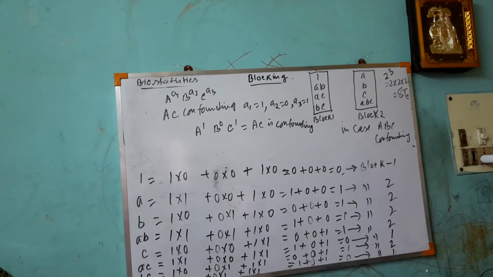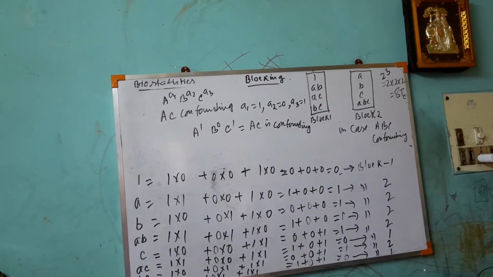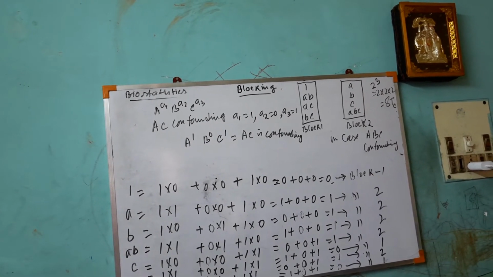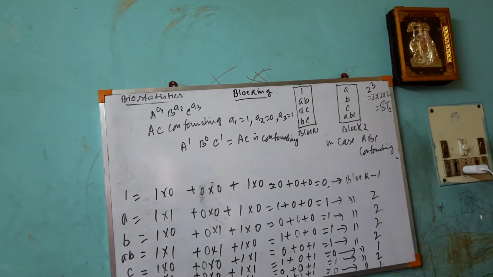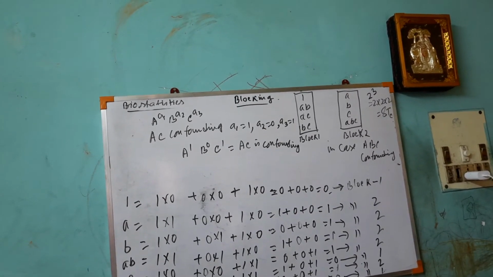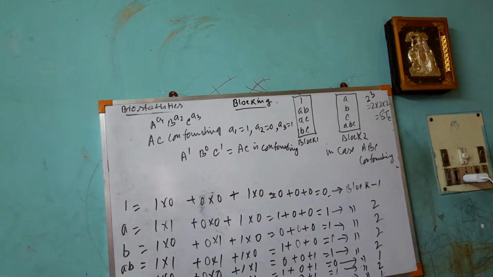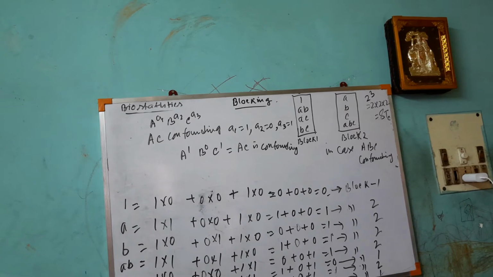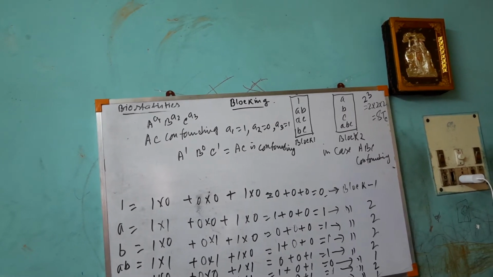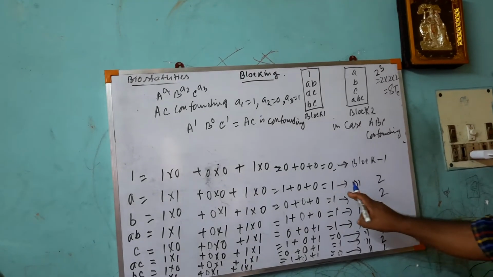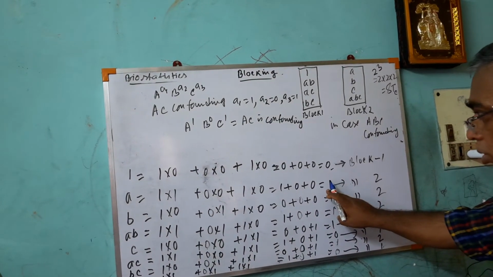So I did a mistake because 5 1s are there. I did a mistake. It will be 0.